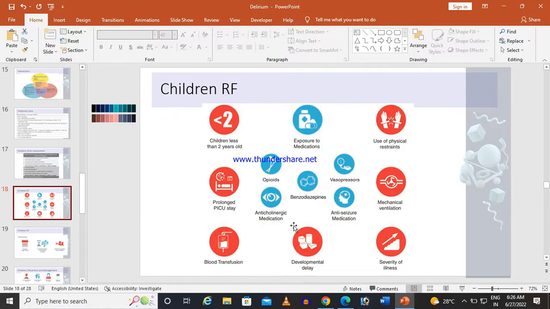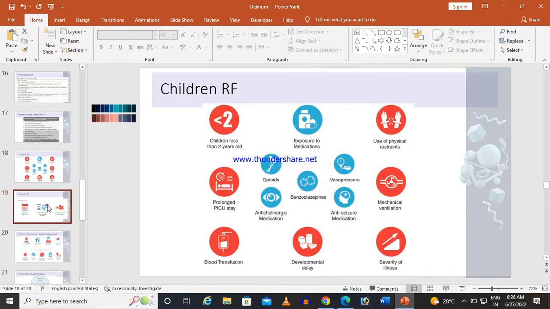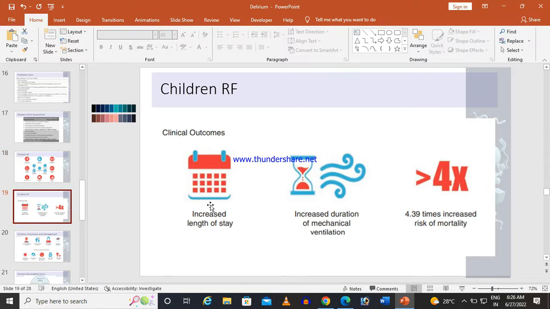So these are the children's risk factors: if there is a developmental delay, blood transfusion, mechanical ventilation, use of physical restraint. These are explained pictorially. And in case of delirium, for children also, it increases the length of stay in the hospital.